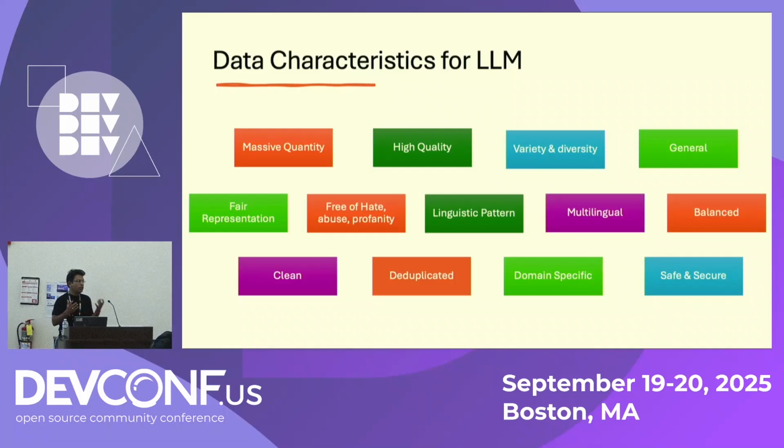It needs to be deduplicated because there's a huge duplication on the internet. It needs to be specific to a domain if the model is designed for a domain. And obviously it needs to be safe and secure because otherwise the model will start doing the same thing.